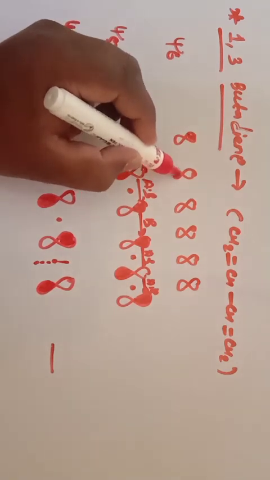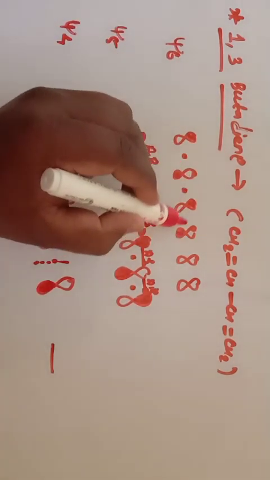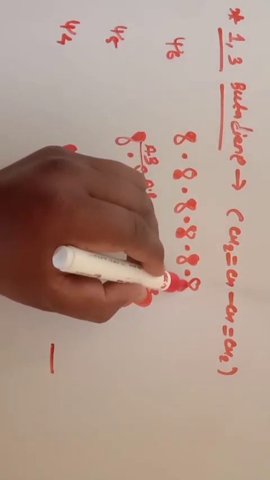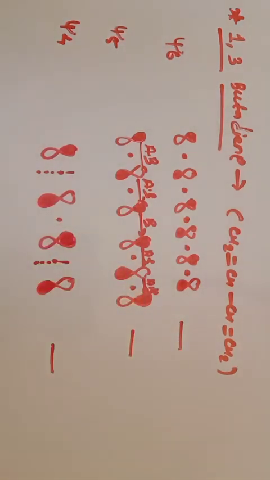So this is your one node, this is your second, then this is your third, this is your fourth, and this is your fifth. So 5 nodes should be there. All are antibonding interactions.